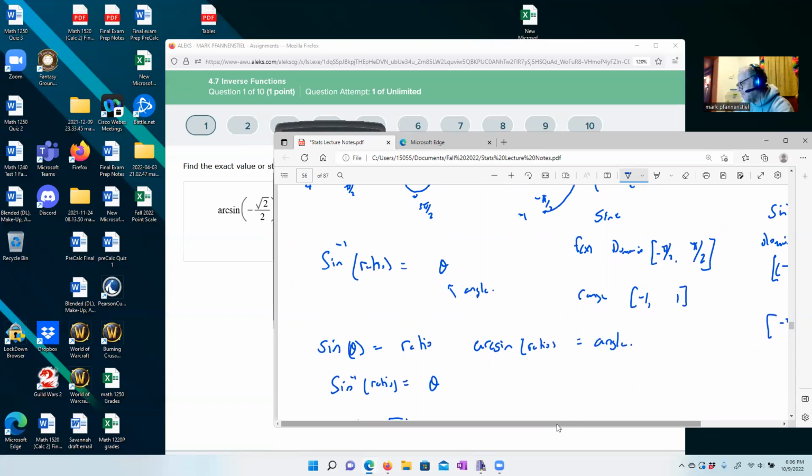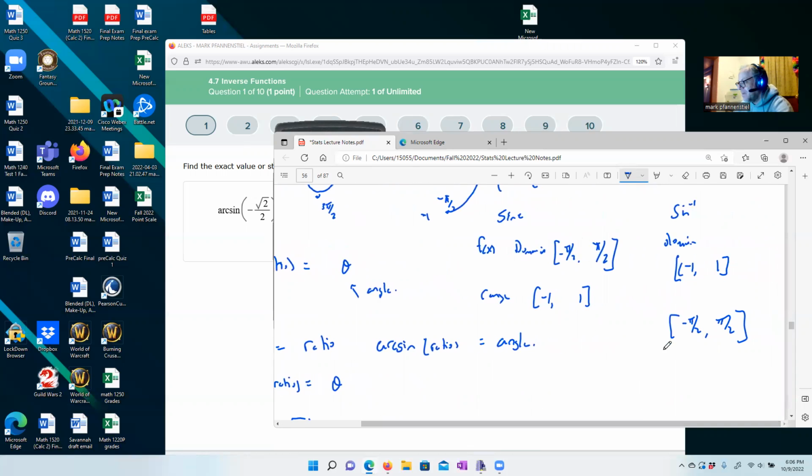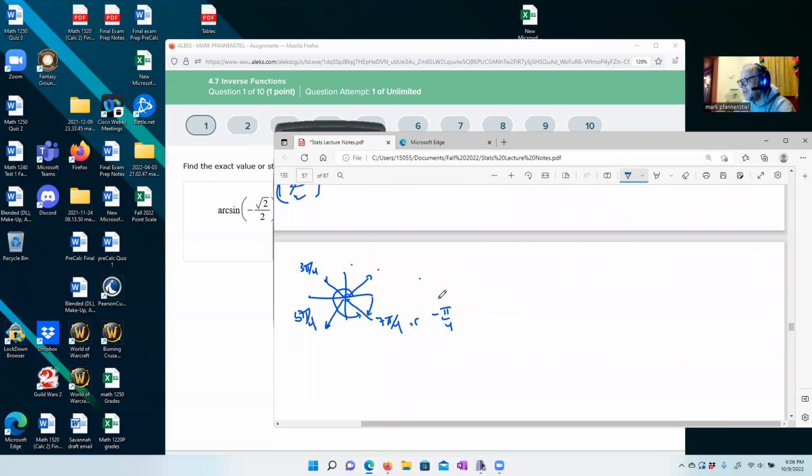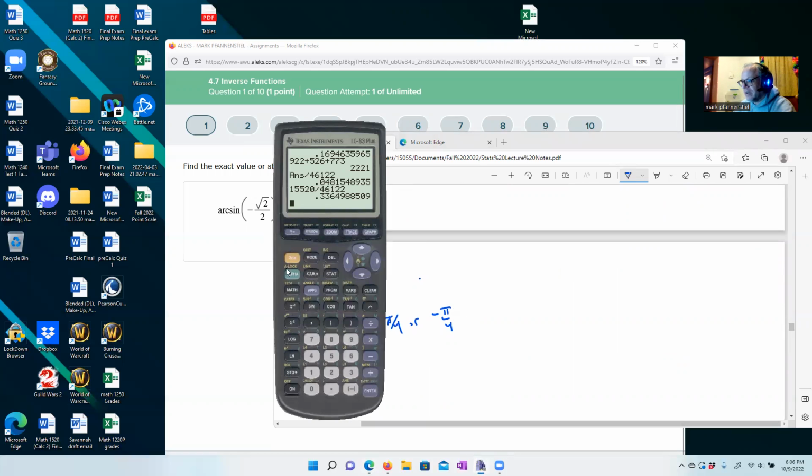There are domain issues. If you look closely, and I guarantee you we will, you want to make sure your domains and ranges line up. So in this case, we get negative 45 degrees or negative pi over 4.